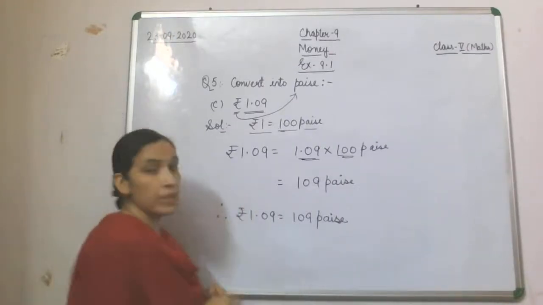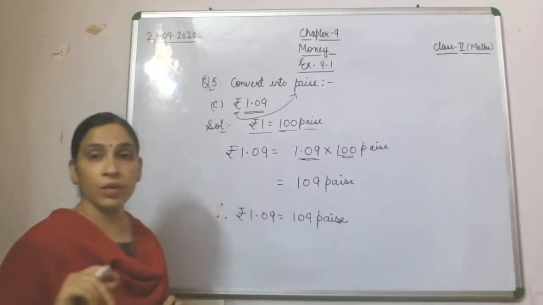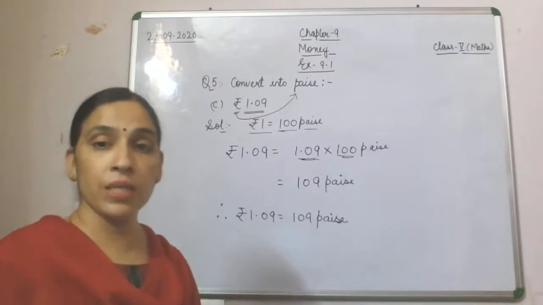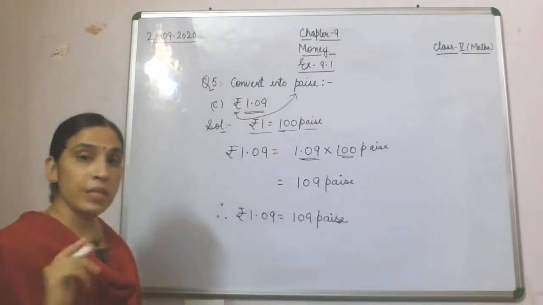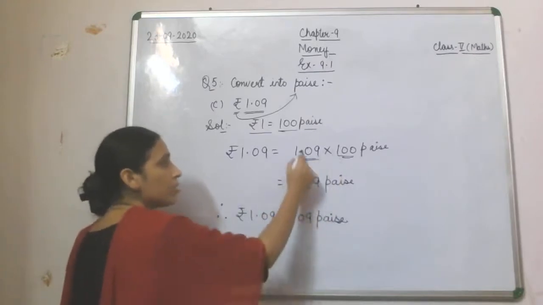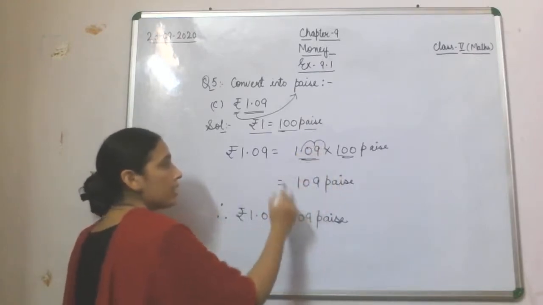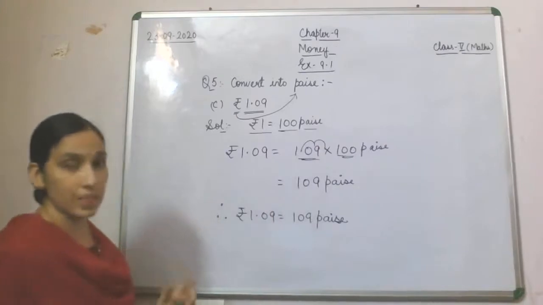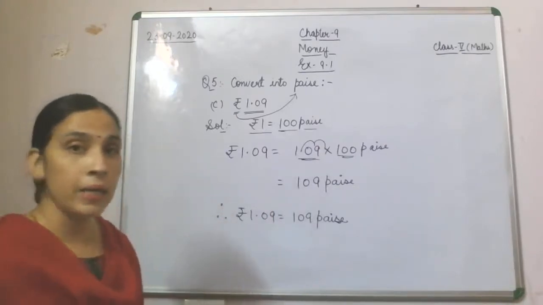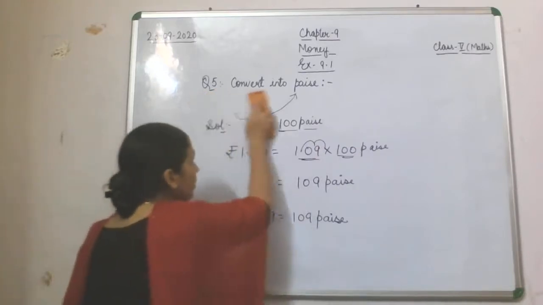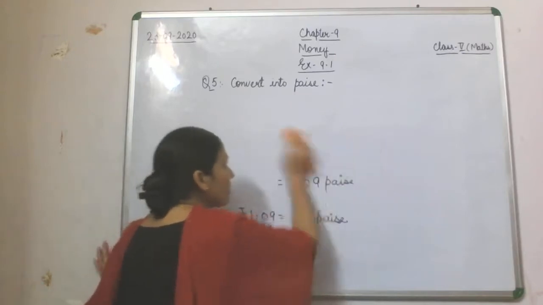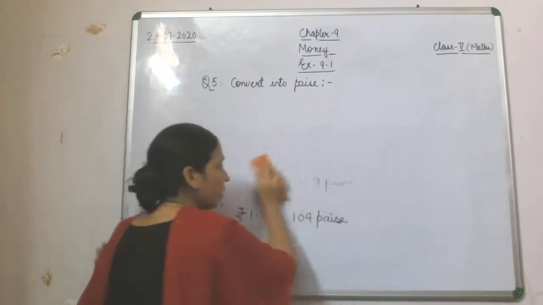If we have 100, the decimal will shift two places to the right. And if we have 1000, the decimal will shift three places to the right. Now here the decimal will shift two places to the right, and the answer is 109 paise. So let's see another question related to this same concept.